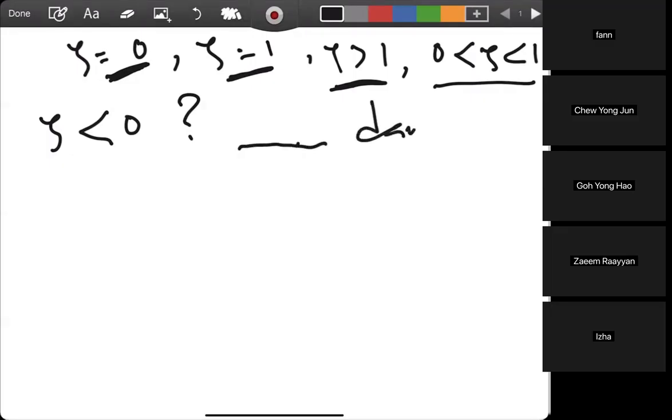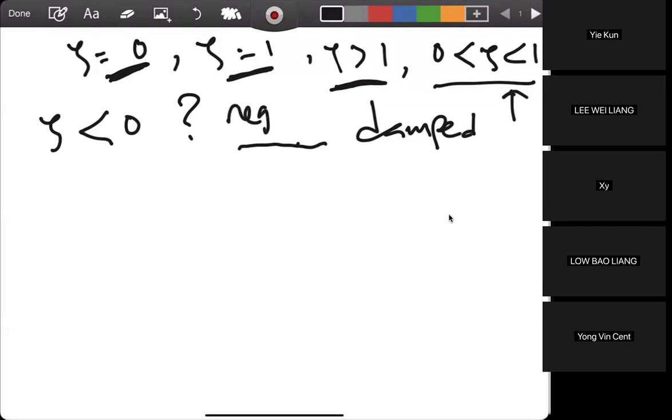Student: I think it is an unstable system. Very near to my answer. Student: How about negative damping? Negative damping, okay.